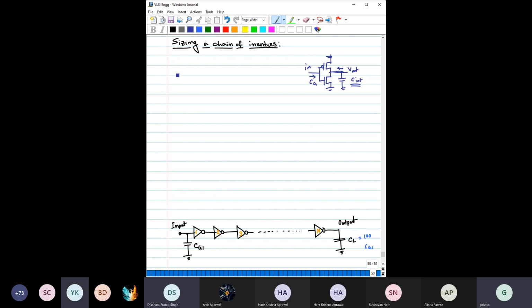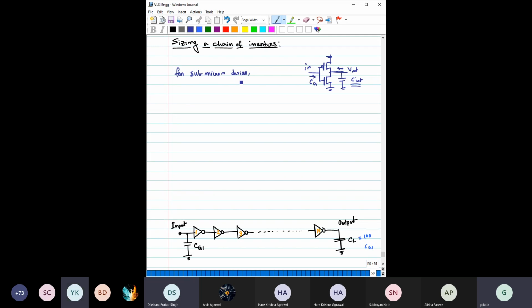Then for sub-micron devices, what do we mean by sub-micron? Sub-micron means the gate length is less than 1 micron.